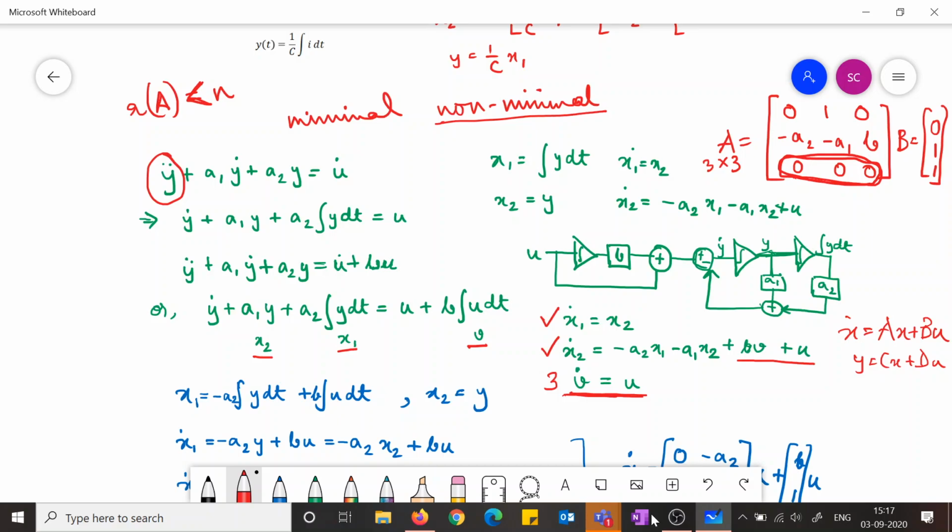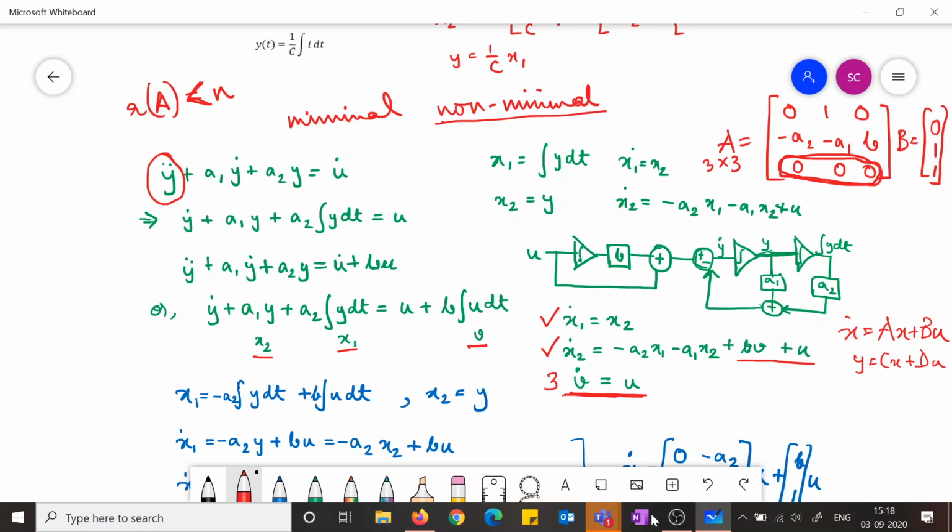But you also saw that choosing x1 and x2 as y and the integration of y was not sufficient. That's the reason we also had to choose v. So what we come to realize is that the choice of x1 and x2 is actually a skill.